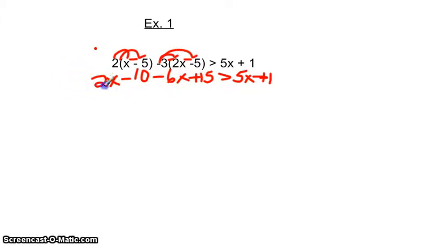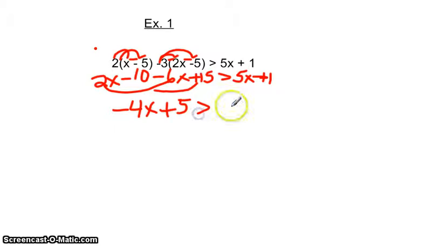So I'm going to add 2x and negative 10, and I'm going to get negative 4x. I'm going to add negative 10 and positive 15, and I'm going to get plus 5. And that is greater than 5x plus 1. And this is what you should have written on page 5 of your foldable.